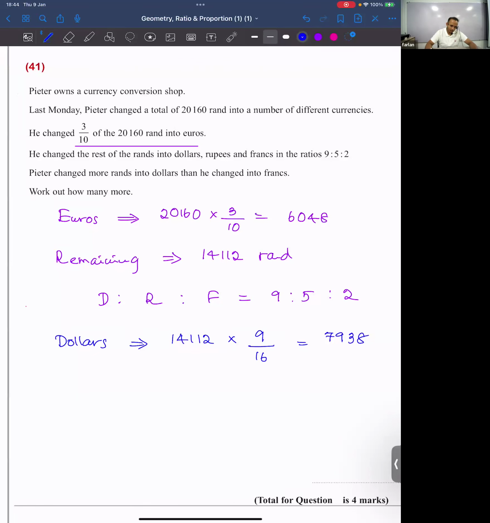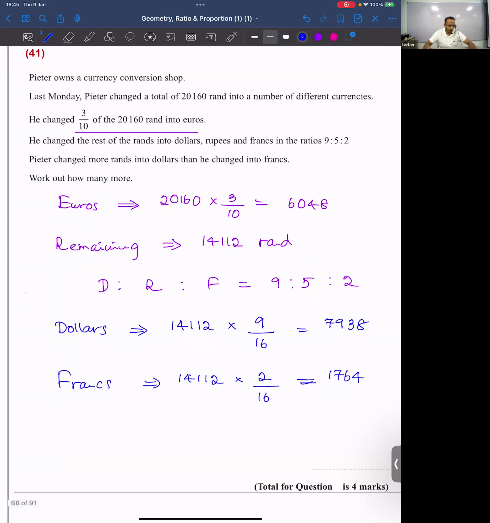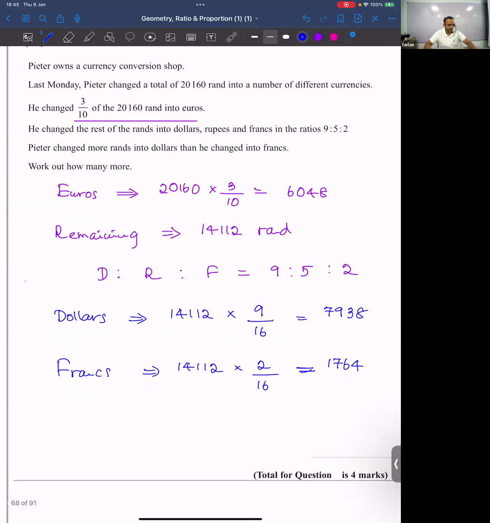Then how many did he convert into francs? That is 14,112. Francs is 2 portions, no? 2 out of 16. That is 1,764. So from the remaining, he converted 7,938 rands into dollars, 1,764 rands into francs.